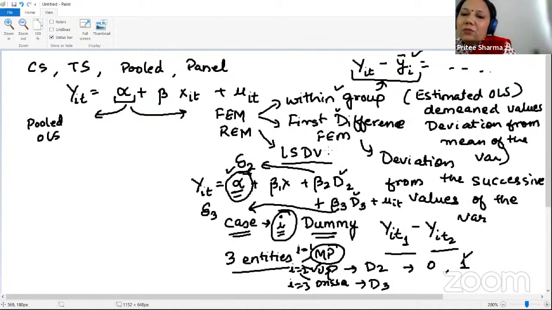Now, when we are doing the estimation by the method of least square dummy variable, what we are doing? We are introducing dummies, and I have already shared this, that for the number of i's, dummy variables will be created for the number of i's minus 1. So if there are 3 entities, we are creating 2 dummies.